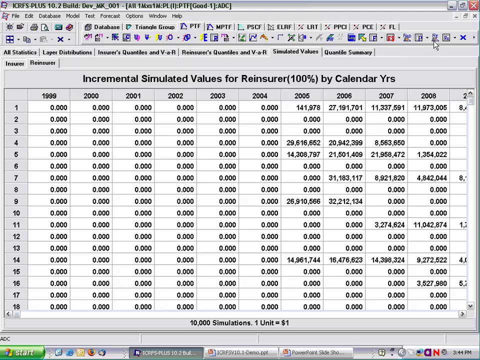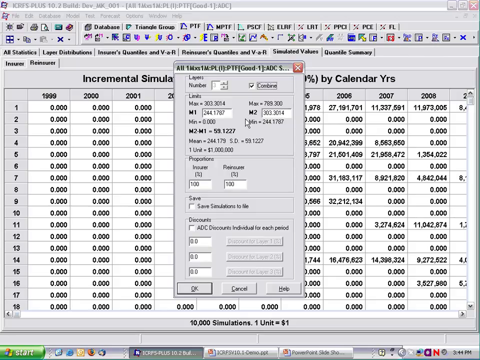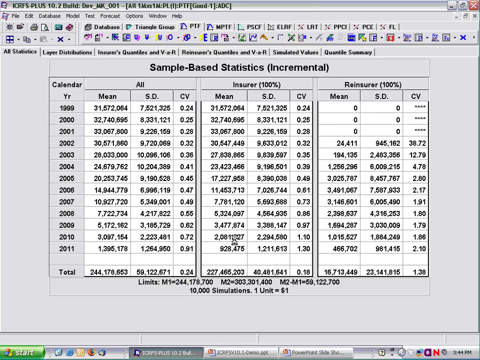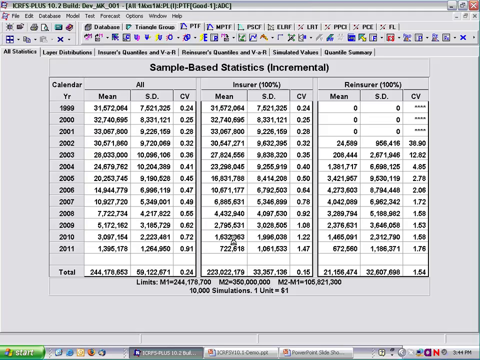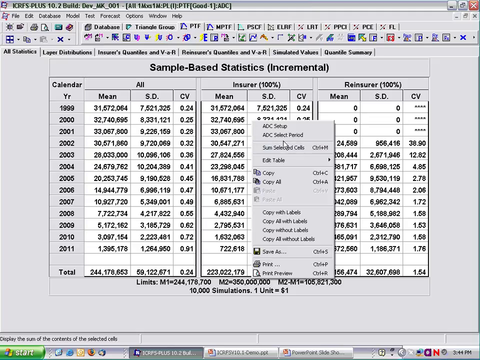You could go back and change the attachment points. Instead of 303 million, why don't we make it 350? So that's 350 million. We've got a different set of tables. It's for 350 million. You can look at the table cumulatively if you wanted to.